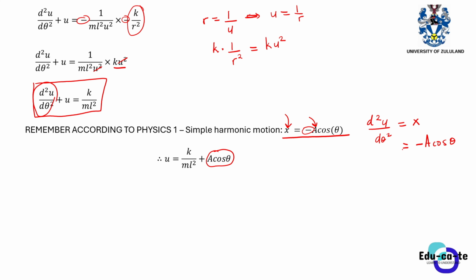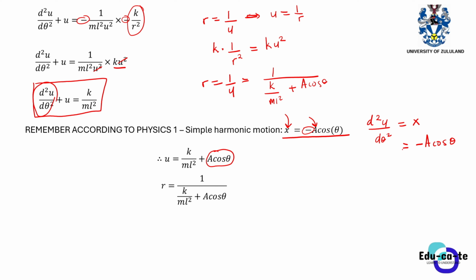Furthermore, remember that since we've said that r is equal to 1 over u, we can transform this u to be r by just saying 1 over whatever we have here. So this is 1 over the value of u, which we found to be k over ml squared plus a cos theta. This will actually be the value of r.